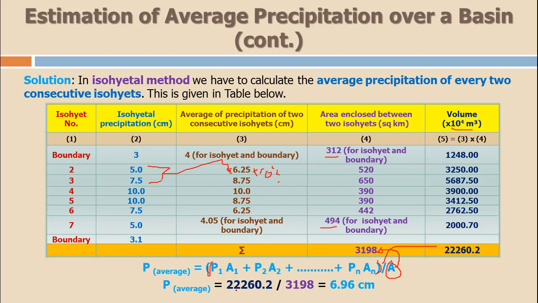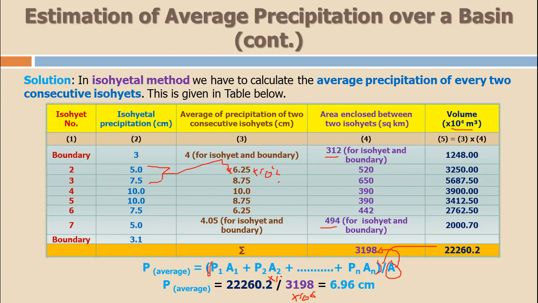So putting the values, 22260.2 divided by this. Remember again, here it is 10 raised to the power 6 multiplied, which comes with square kilometer. So if we convert it into square meter, we will write here 10 raised to the power 6. And similarly here it is 10 raised to the power 4.